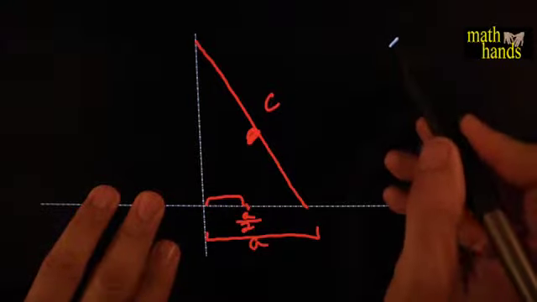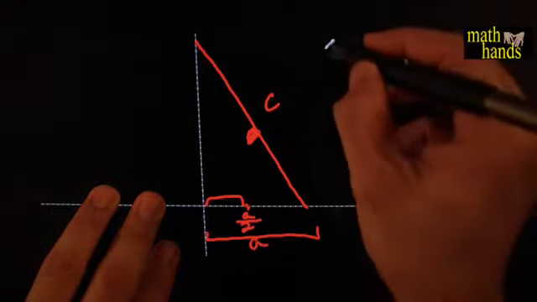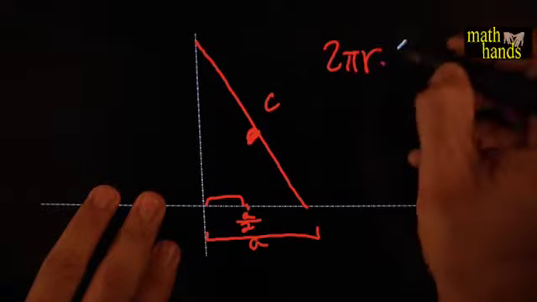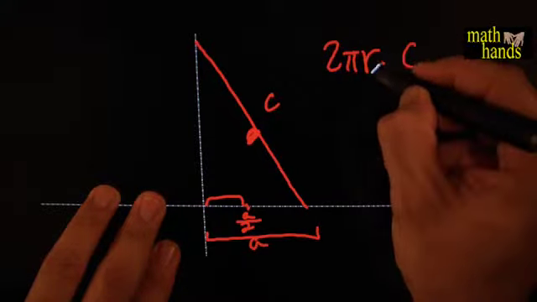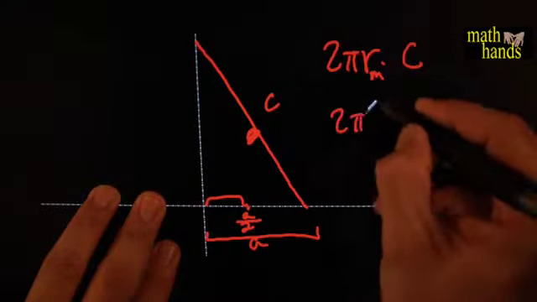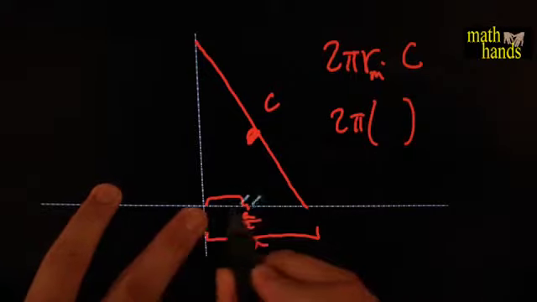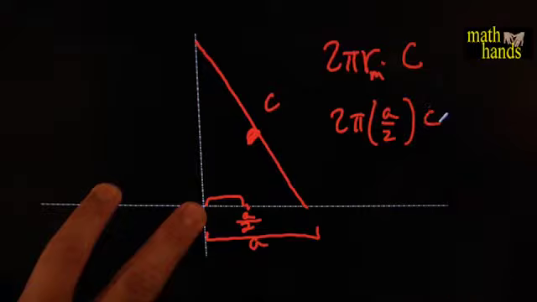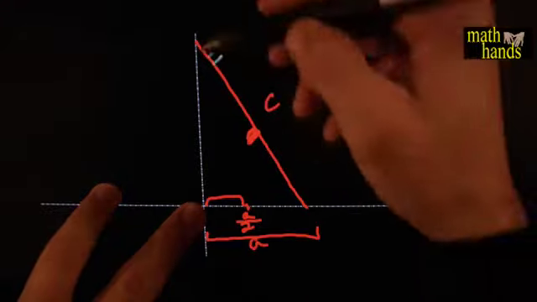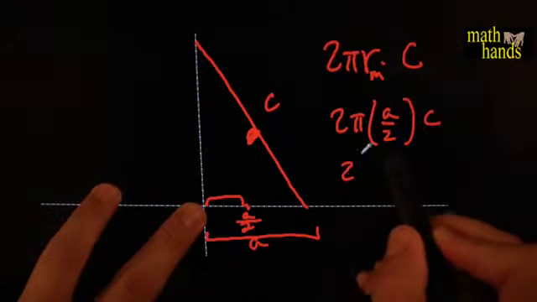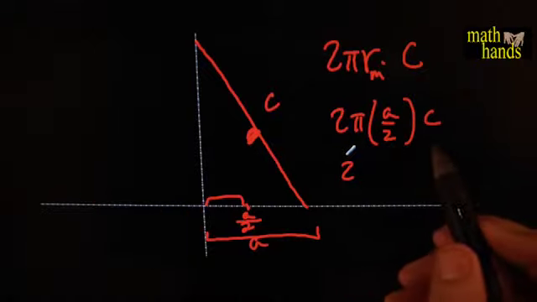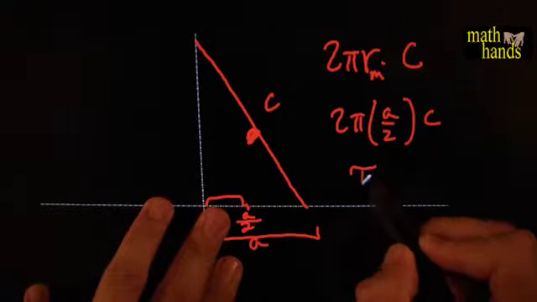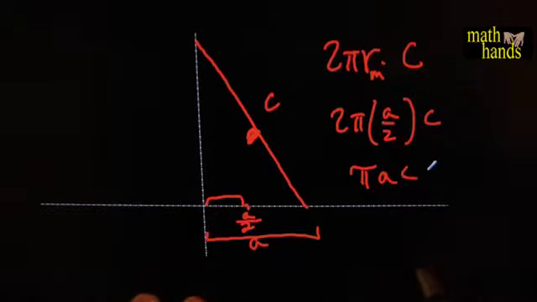So it would be 2 pi r times the length of C, where r is going to the middle. So it would be 2 pi. What's the radius to the middle? It would be A over 2 times C. That's the length of the curve. So it would be 2. These twos would cancel, and so you'd get that pi AC.